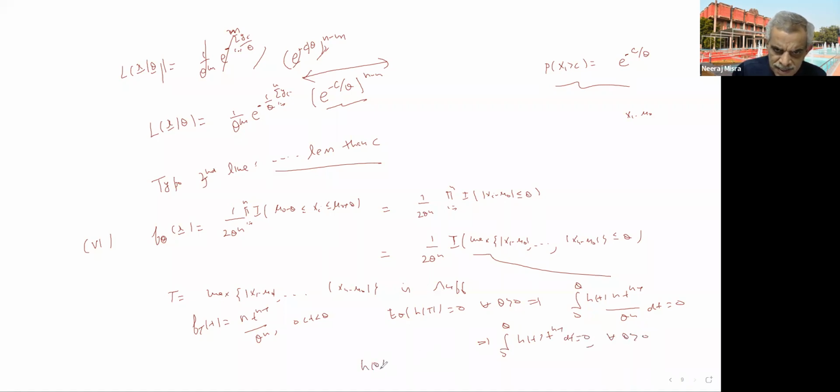That means h(theta), taking the derivative, is 0 for every theta positive. But your t only takes values greater than 0. So that means h(theta) is 0 for every theta greater than 0, so the probability that h(T) is equal to 0 is 1, because t only takes positive values. So this is also complete.